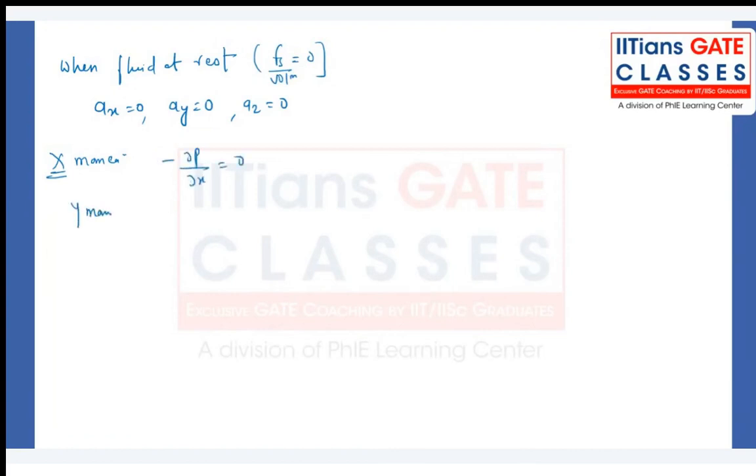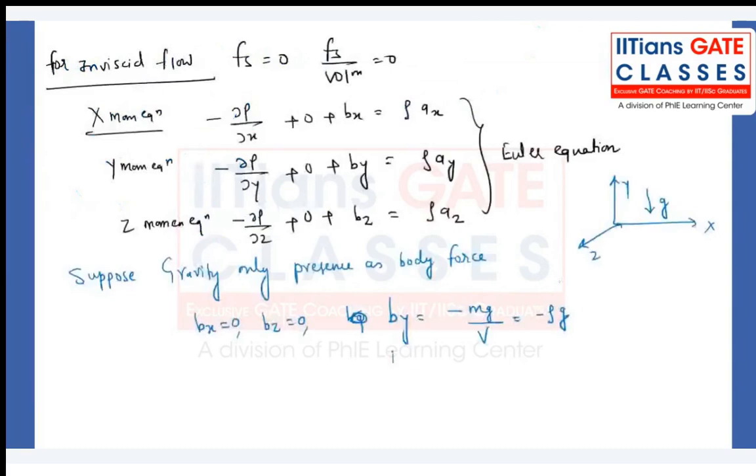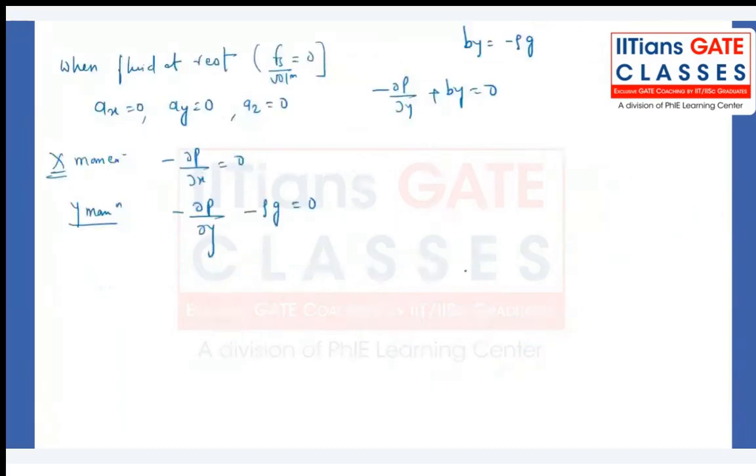Y momentum equation will be minus dou p by dou y minus rho g, that is equal to 0. See, minus dou p by dou y plus by, where by is minus rho g, as we have just seen. And what about the z momentum equation?